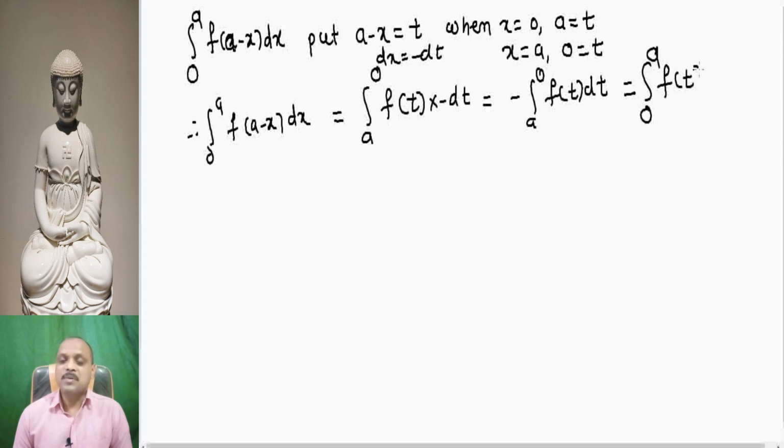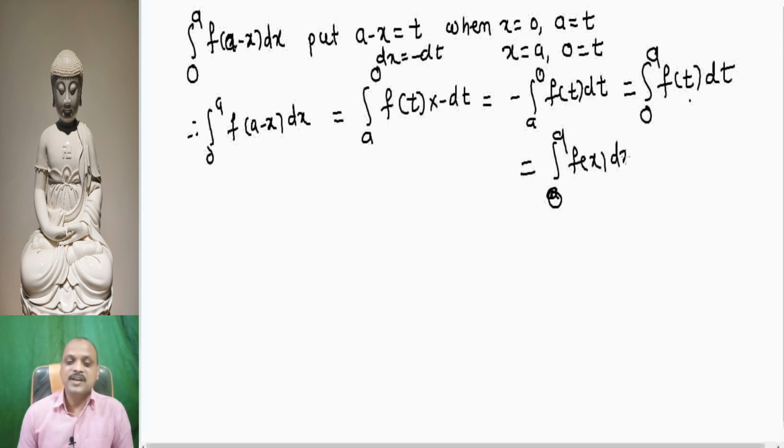But by the first property, definite integrals are independent of variables. We can write it in terms of x. So we have 0 to a f of x dx. Then we get an important result: integration 0 to a f of x dx equals integration 0 to a f of a minus x dx.